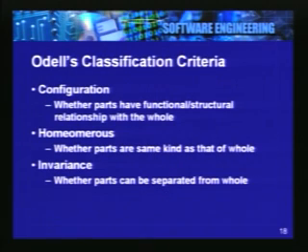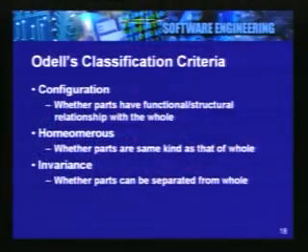There has been a lot of discussion in literature about part whole hierarchies and the part whole relation as such. But we will look at one specific description given by Odell. Odell applied criteria to classify different kinds of part whole relations. There are many kinds of part whole relations.